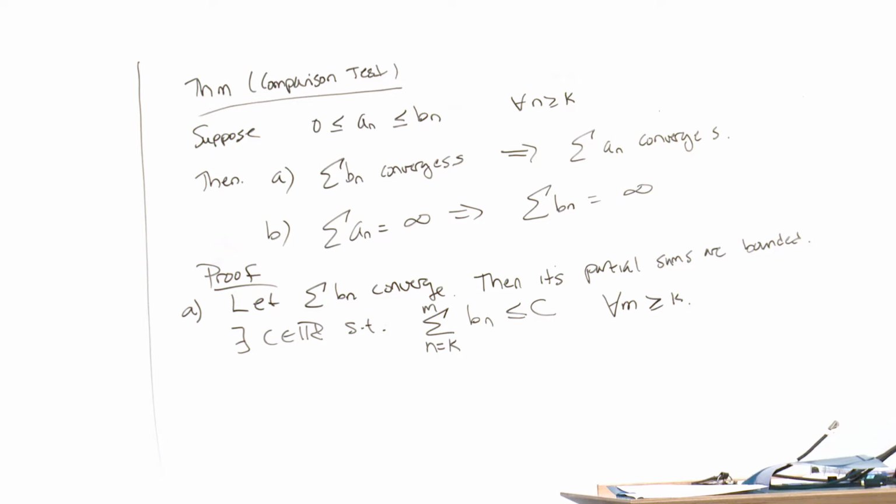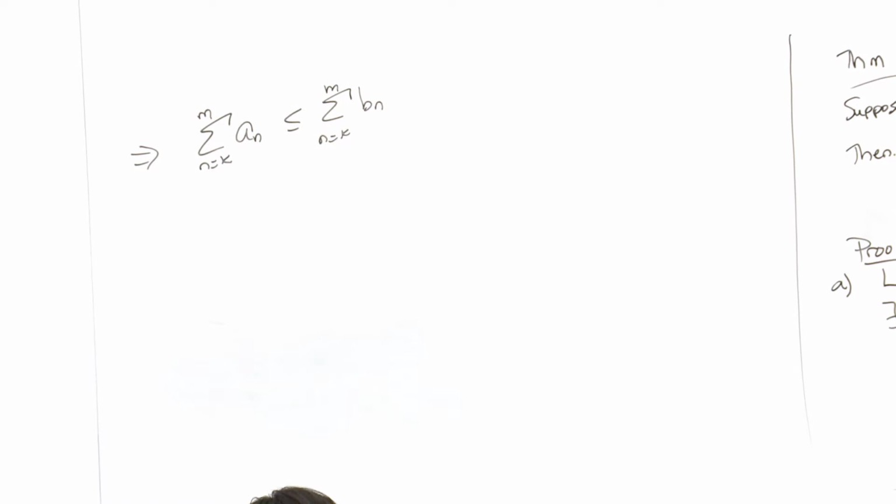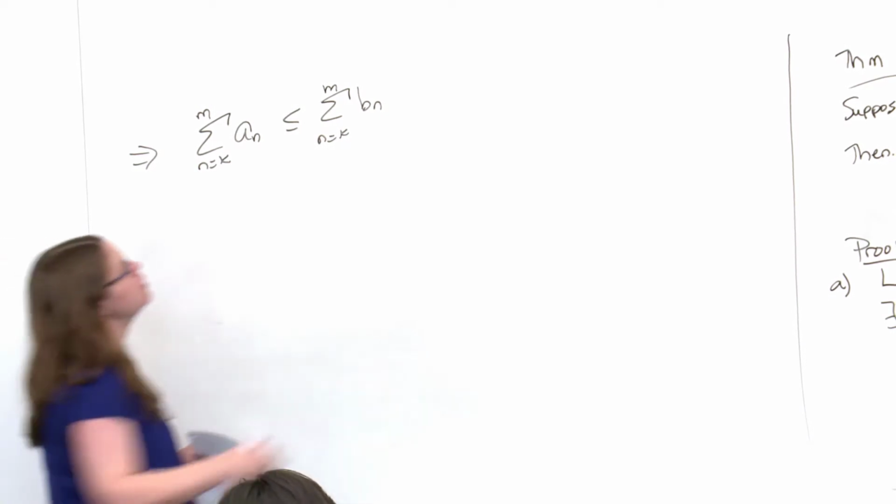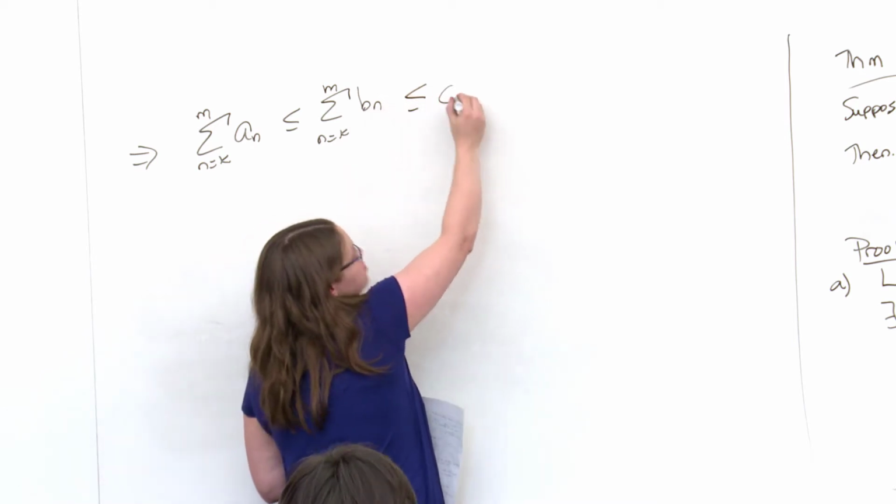So that means that also the sum from n equals k to m of all of my a_n, right, are going to be, okay, I replace them with something bigger and get a bigger result. And this is still less than c.